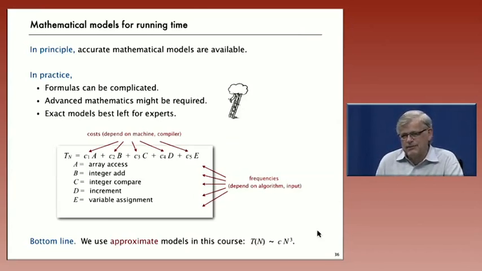In the end, careful, exact models are best left for experts. There's really a lot that can go on. On the other hand, approximate models are definitely worthwhile. For all the algorithms that we consider, we'll try to communicate a reasonable approximate model that can be used to describe the running time. Sometimes we'll give the mathematical proofs, and other times we'll have to just cite the work of some expert.